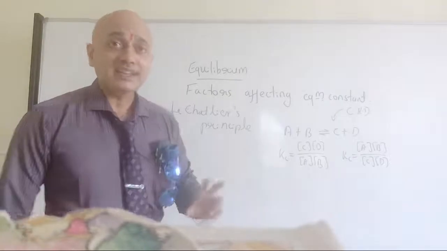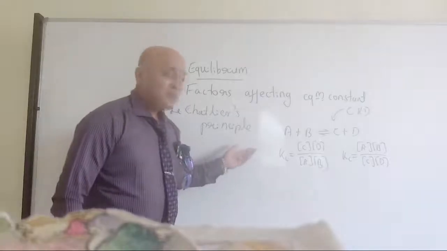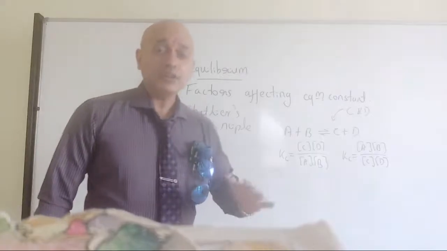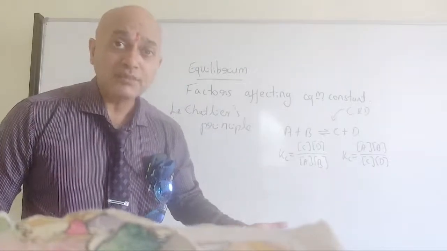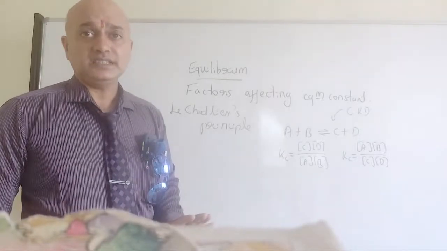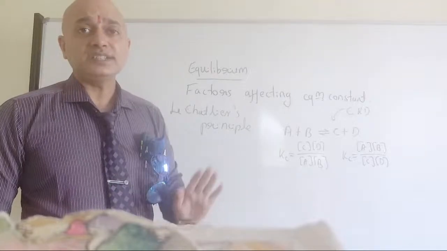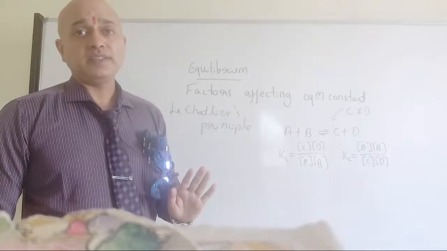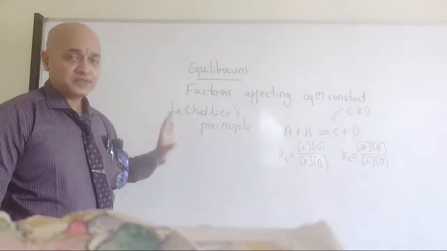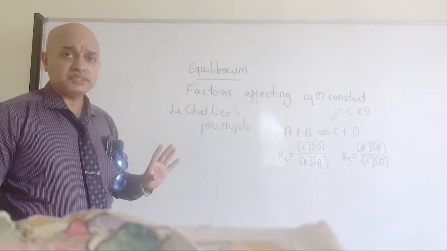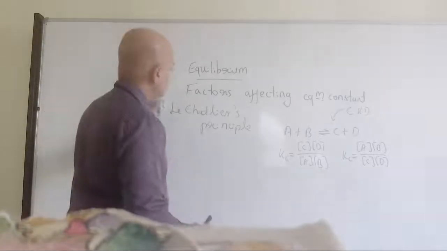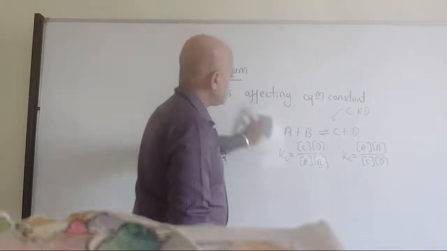When the equilibrium is disturbed, the reaction will adjust in such a way that it attains a new equilibrium to nullify the impact of these changes. That's what Le Chatelier's principle talks about. Fine. Very important. It has huge application in chemistry. Any doubts? If you have any doubts, you can ask.